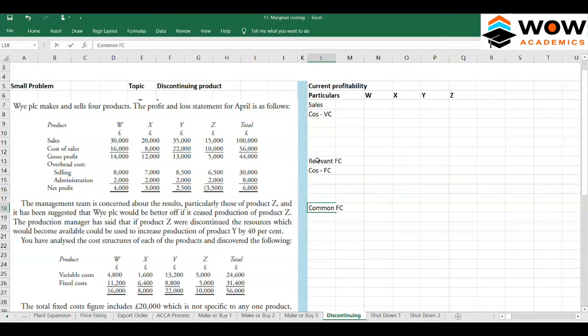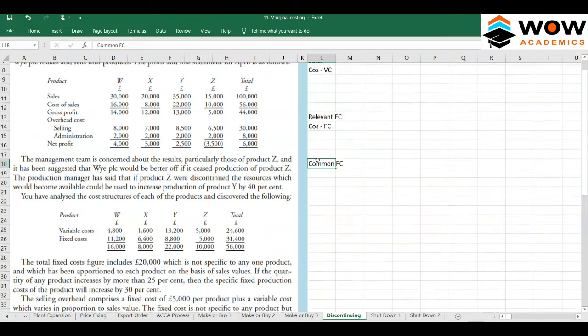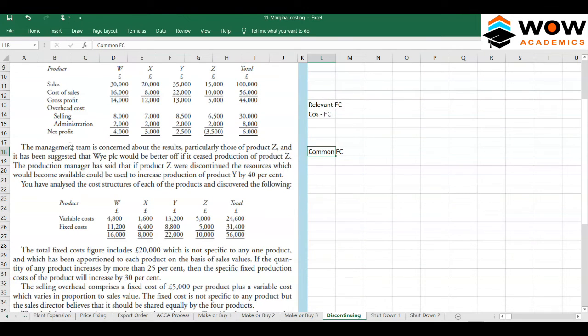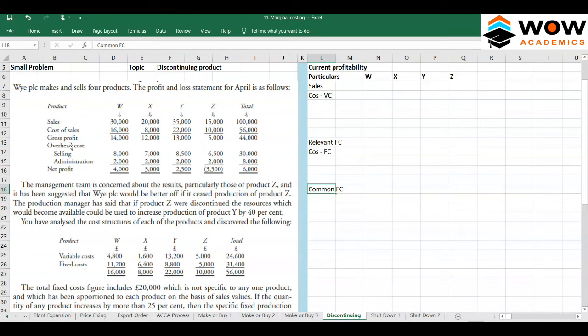So we have to divide it on two bases. We'll finish each part one by one. We'll start from the sales, because sales is the only number which is not much affected.